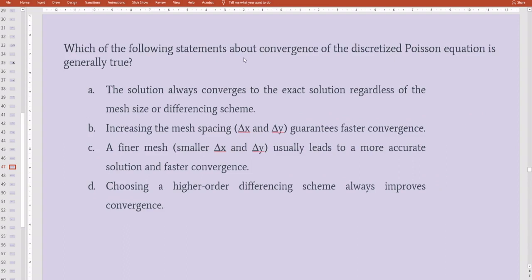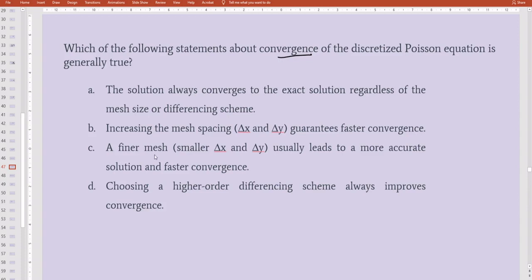Moving on to our next question. Which of the following statements about the convergence of the discretized Poisson equation is generally true? First one, the solution always converges to the exact solution regardless of the mesh size or the differencing scheme. Option B, increasing the mesh spacing delta x and delta y guarantees faster convergence.